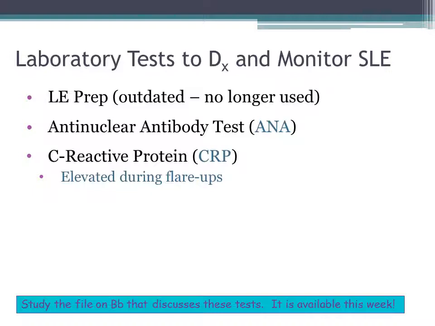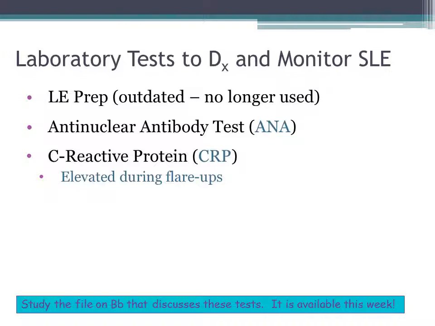C-reactive protein. CRP is one of the acute inflammatory chemicals that, when inflammation is occurring anywhere in the body, is elevated in the blood. It's not a good diagnostic test for SLE because any cause of inflammation will lead to a positive CRP.